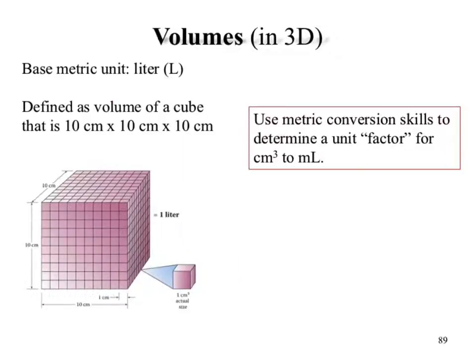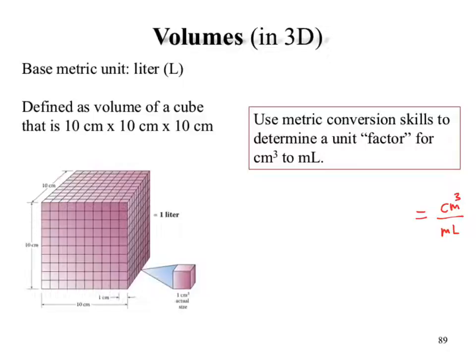Use your metric conversion skills, and I want to know the unit factor for centimeters cubed to milliliters. So what I'm looking for as our final answer is centimeters cubed in the numerator and milliliters in the denominator.